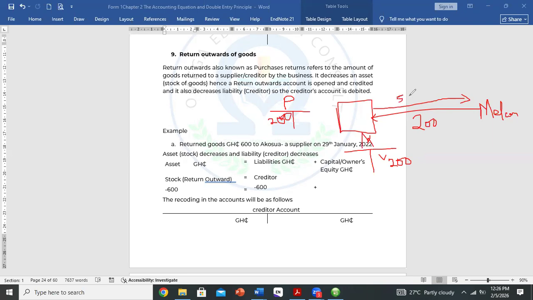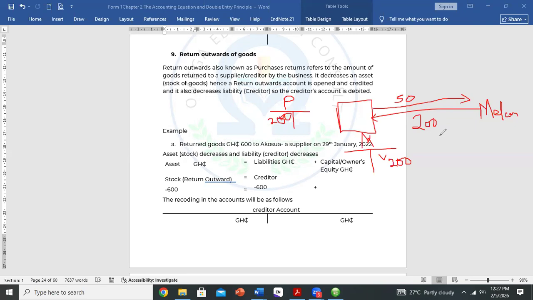Goods returned from the business to the creditor. So if I've returned 50 to the creditor, do I still owe Malcolm 200? I need an answer. No. How much do I owe Malcolm now? 150, right? Because I've returned 50 back to Malcolm.